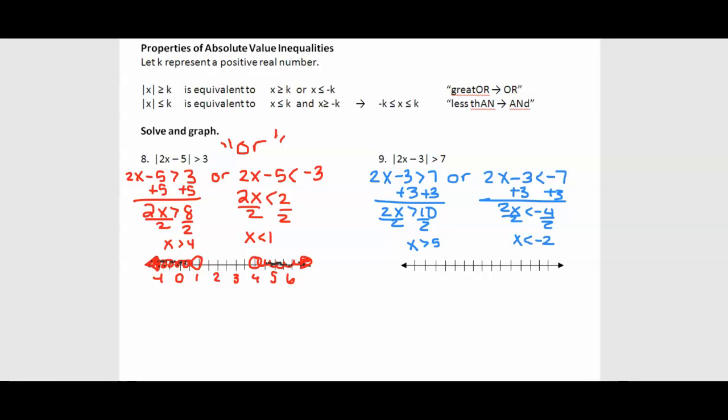So you get x is greater than 5, or x is less than negative 2. Open at negative 2, open at 5, and again, it's an "or", so they're going in opposite directions. So my solutions are less than negative 2 and greater than 5.